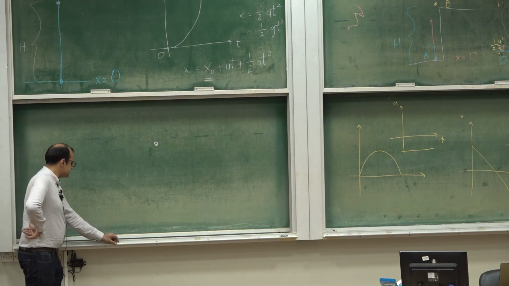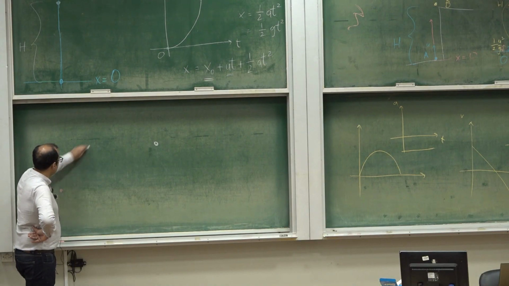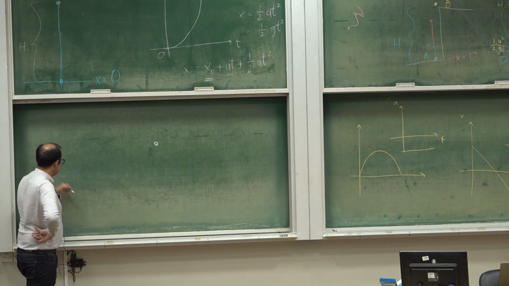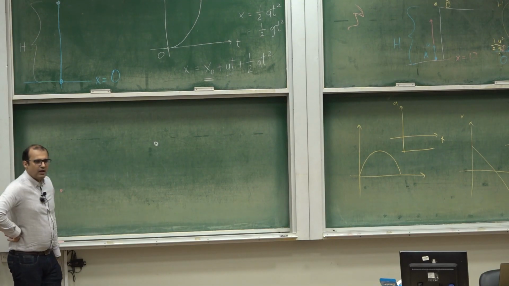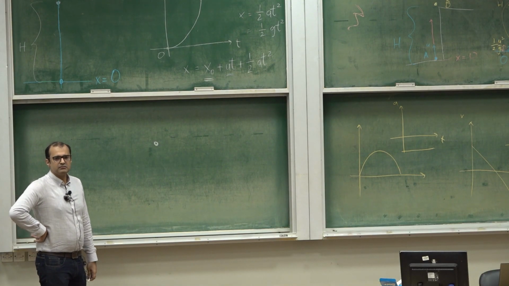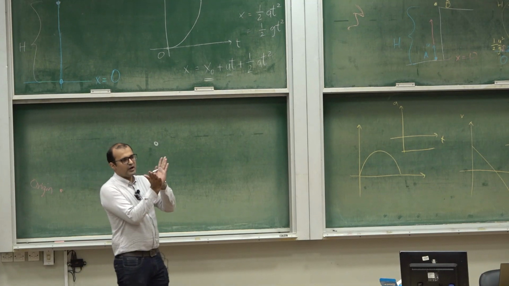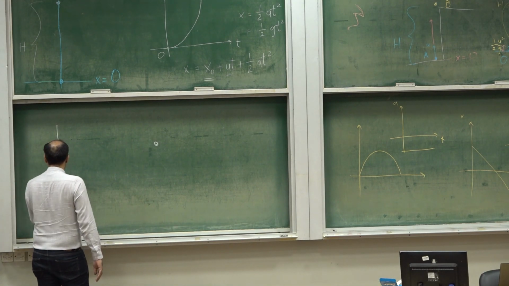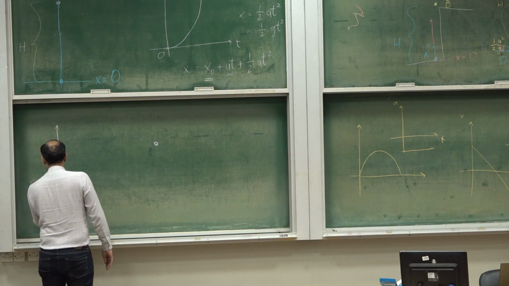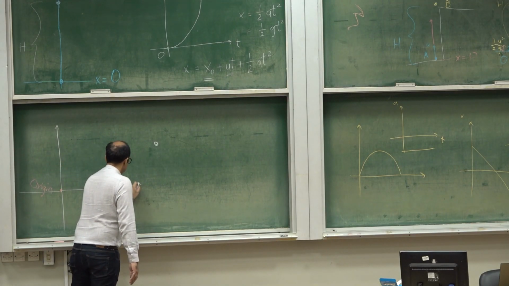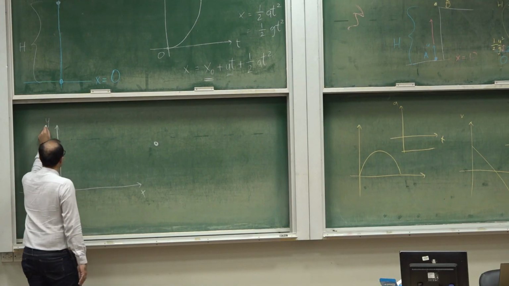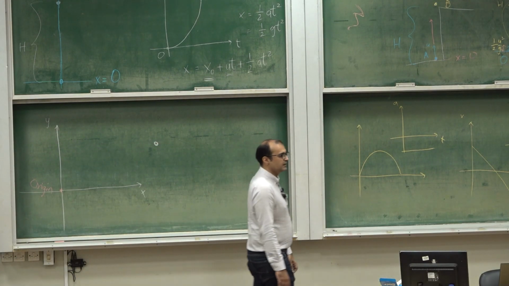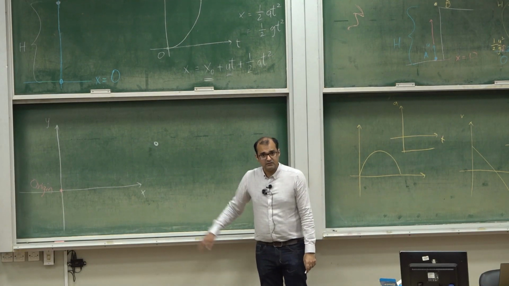And then you set up a coordinate axis. You could choose your coordinate axis like this and this. You could choose it like this and this. You could choose any orientation of your axis. But it's convenient to have the x-axis perpendicular to the y-axis. I made the usual choice that the x-axis is horizontal, the y-axis is vertical. Okay. But that's not necessary.